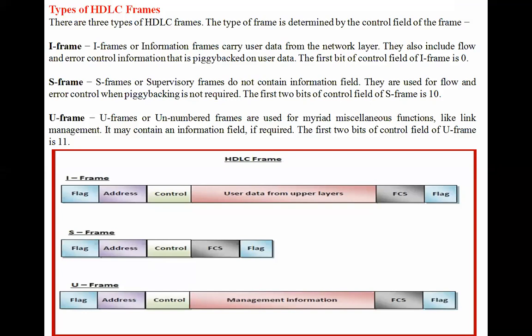No information field is contained in the S frame. And the last is the U frame, the unnumbered frame, which gets the 2 bits 1 1. So these are the frames we use in HDLC, high-level data link control: the I frame, the S frame, and the U frame. Okay, these are the HDLC frames.